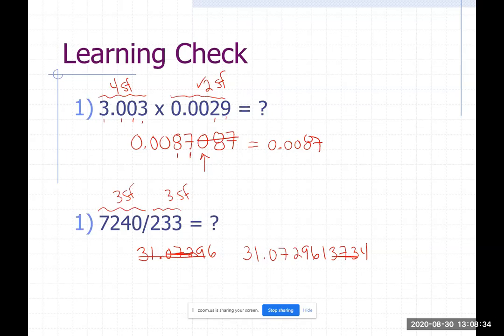So I know I'm going to have 3 sig figs. That's going to be this one, and this one. The next one over is the one I'm going to evaluate. Is it 4 or less? Is it 5 or greater? Well, it's 5 or greater because it's 7. That means that I'm going to increase the last retained digit by 1, and everything else is going to go. And so my answer is going to be 31.1.